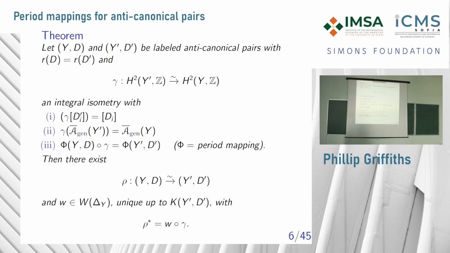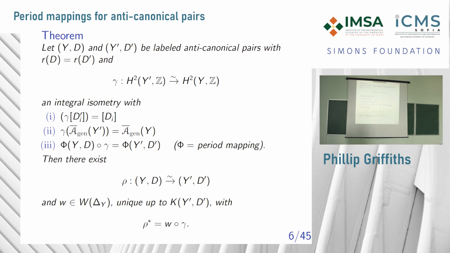So that says if you have two labeled, I'll define that, anti-canonical pairs which have the same, actually it should be H2 of Y prime minus D prime, Y minus D. You need an isomorphism of the cohomology of the rational surfaces which has these properties. It takes the anti-canonical divisor to itself.